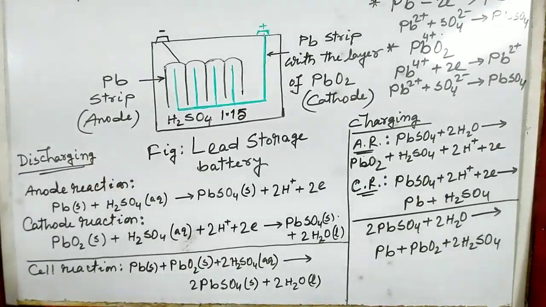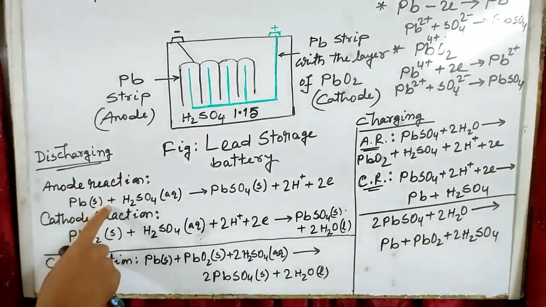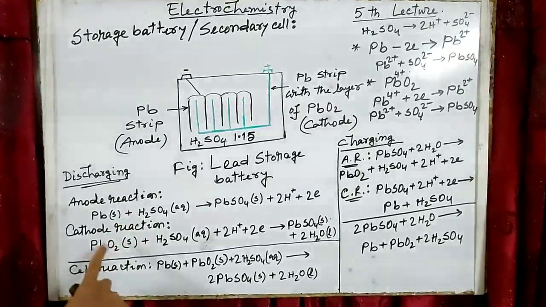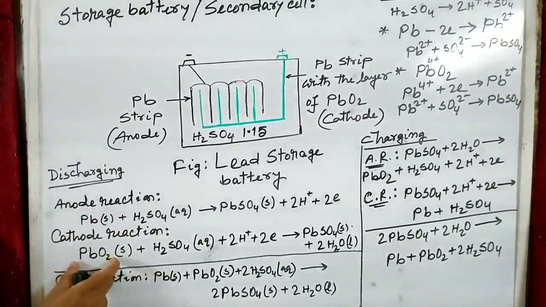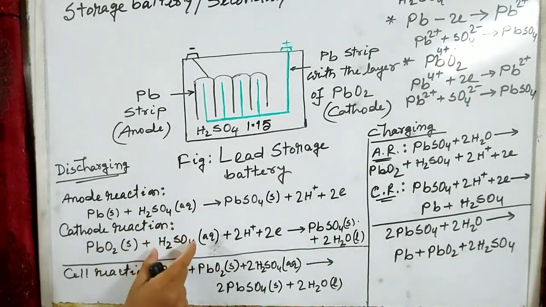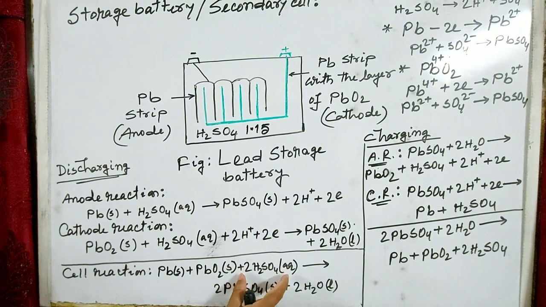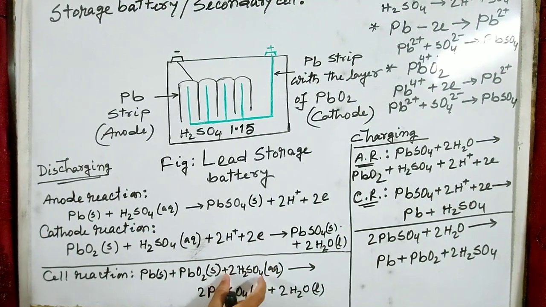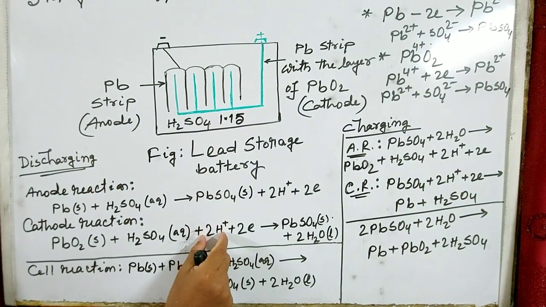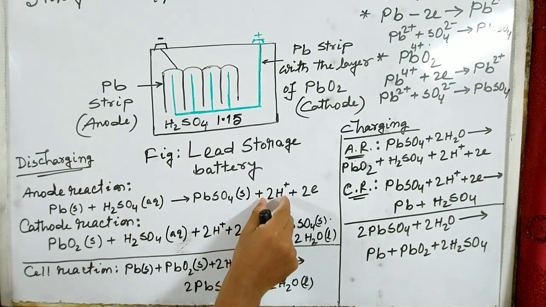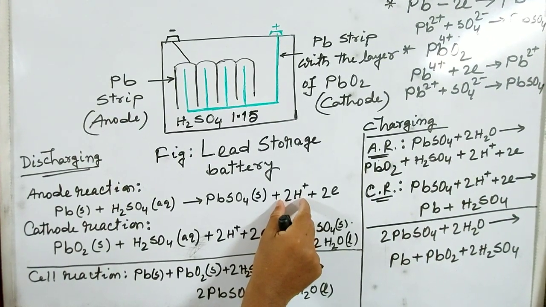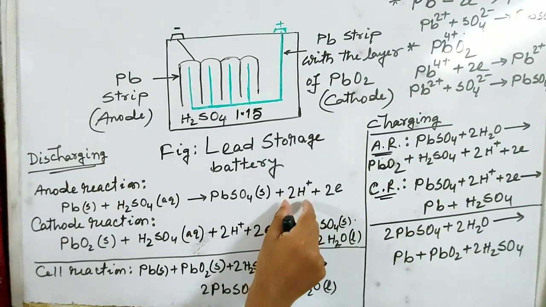Then I have added both of the anode and cathode reactions. Lead plus lead oxide plus 1 sulfuric acid and 1 sulfuric acid, 2 molecules of sulfuric acid, and these 2H plus ions are crossed out with the 2H plus ions on the right side of the anode reaction.